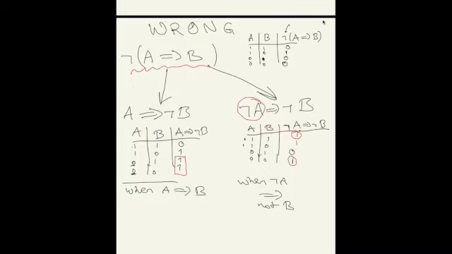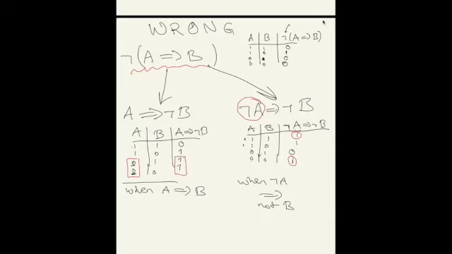And on the other hand, A implies not B will give a different statement because of these cases when A is false, because the implication is again making no guarantees when A is false, but the other statement is automatically true.